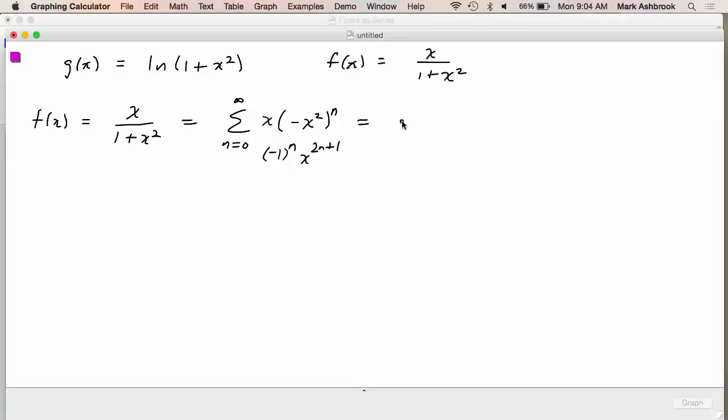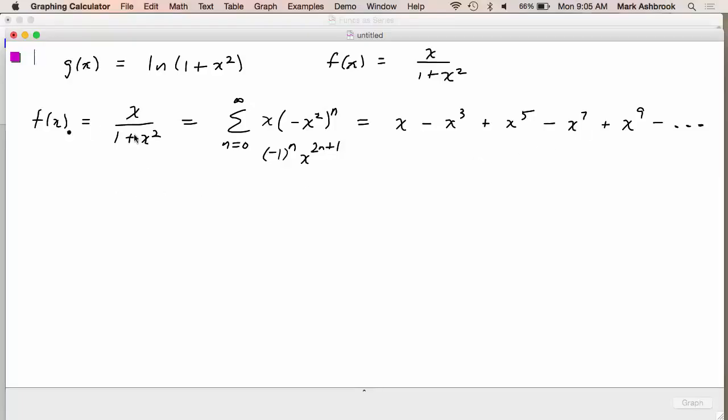So when n equals 0, we have x. Check my math. When n equals 1, we have x cubed. When n equals 2, we have x to the 5th. Does this look right? I don't want to dig a hole for myself. So do you agree with what I wrote there for the terms? I got one nod. If you think there's a mistake, don't hesitate.